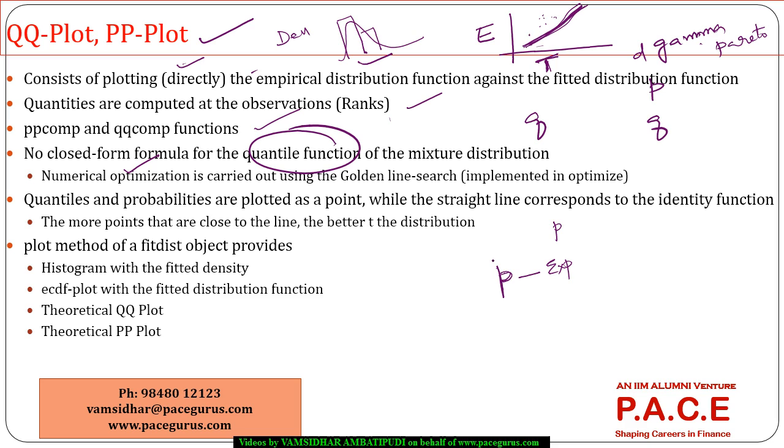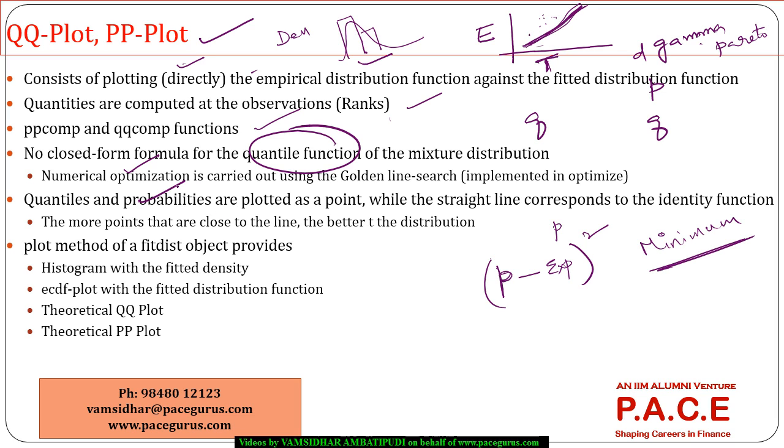This is the actual, so I want to make this error as minimum as possible. That is the optimization I have performed, and that gives me the corresponding Q function for this particular distribution.